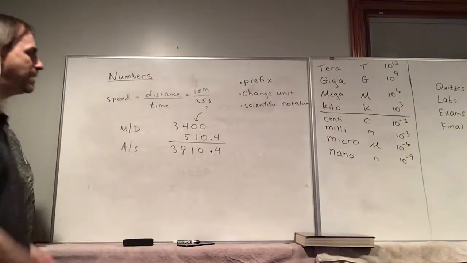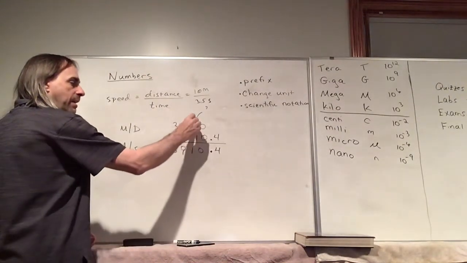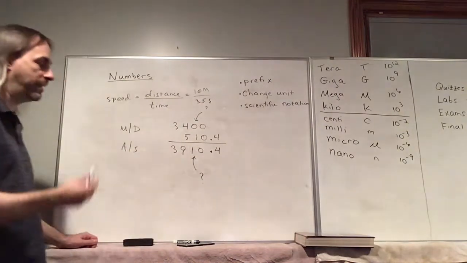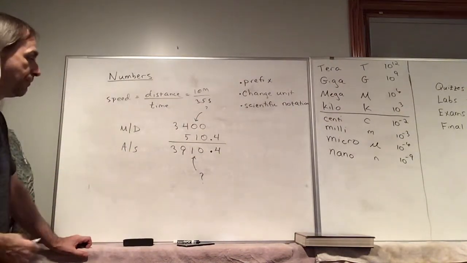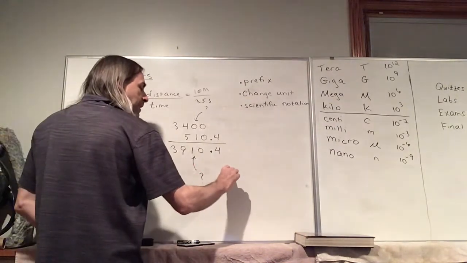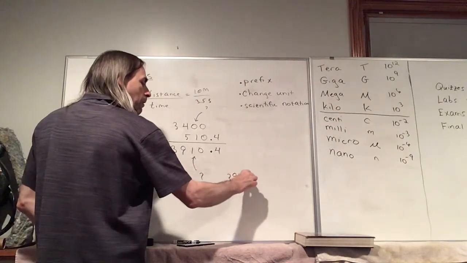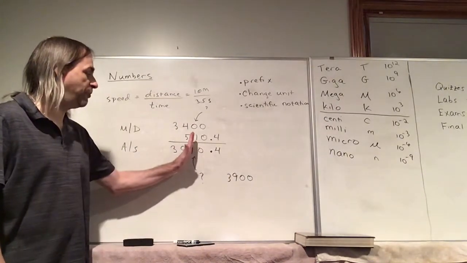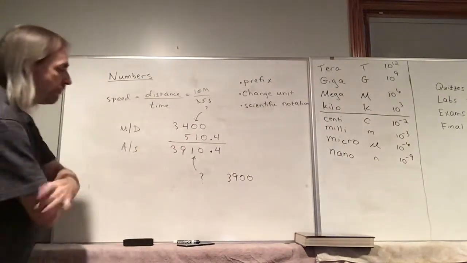We don't know what it is, so if we don't have confidence in this number, we don't really know what that one beneath it is either. So the answer to this addition problem would be 3,900. So this digit, we ignore.